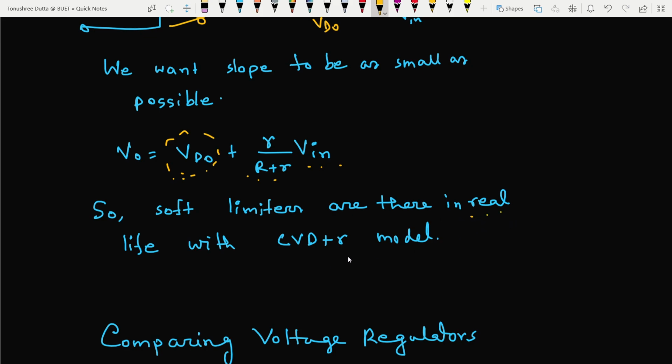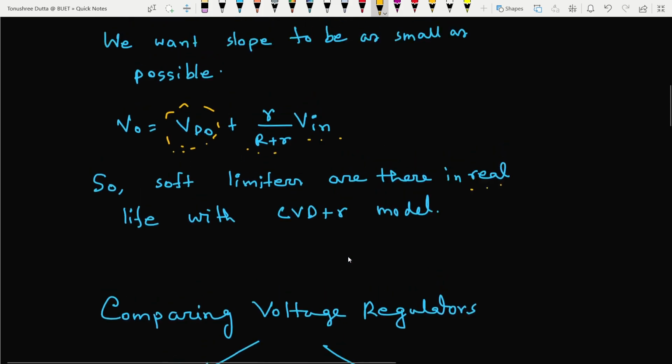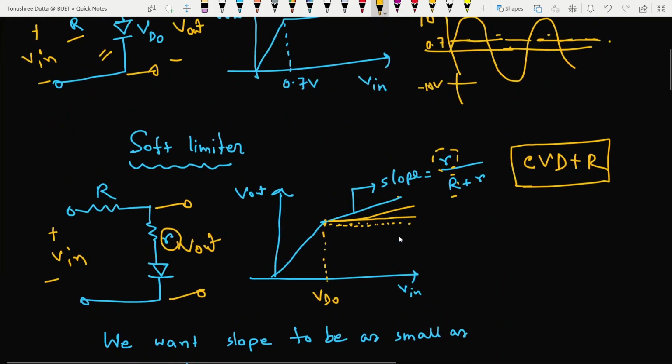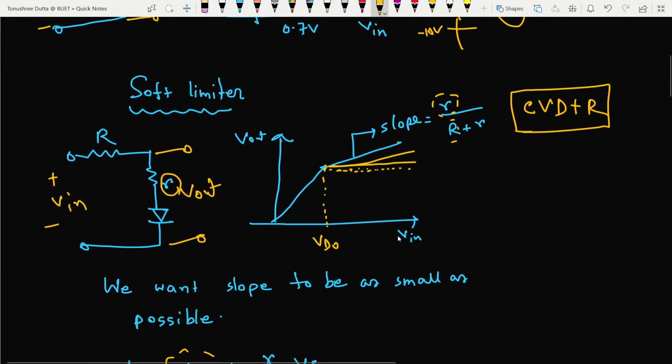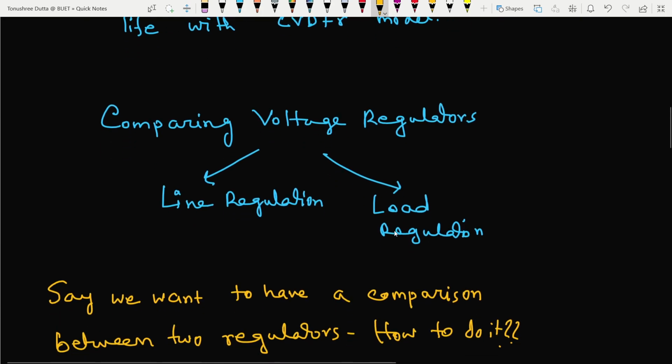We do not get hard limiters, and here we use the CVD plus R model. This is also a voltage regulator, because we are regulating our output. We are controlling the output and trying to keep it at a certain level, whatever change in the input occurs.